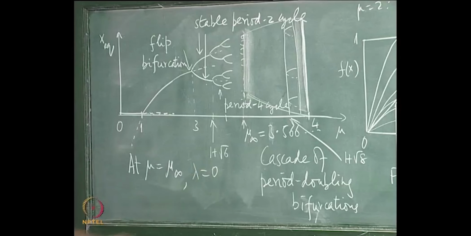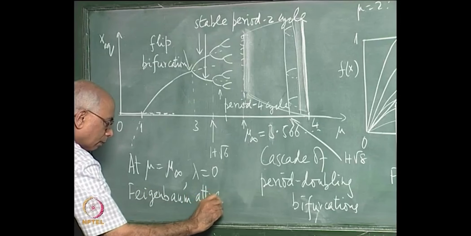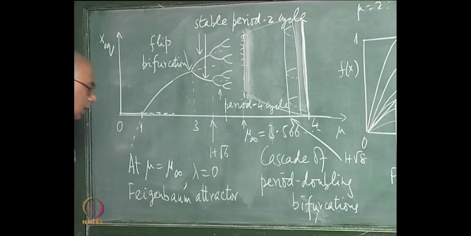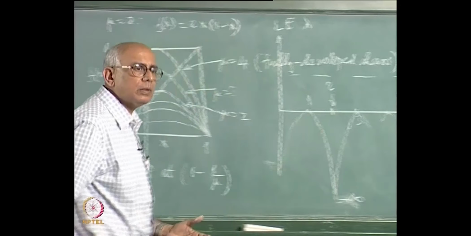Lambda is just about to cross over from 0, and the attractor is called a Feigenbaum attractor. It is not chaotic because chaos has not set in yet; lambda is still equal to 0, it has not taken off to positive values.